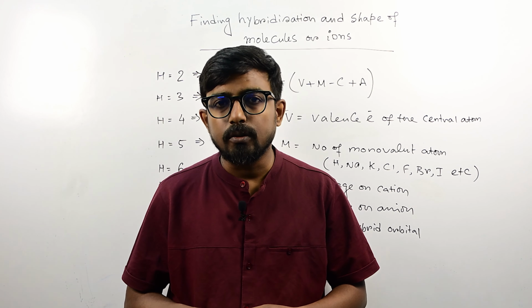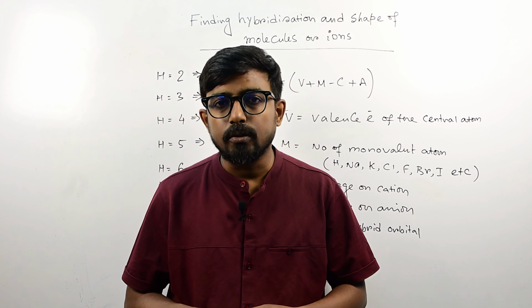We will continue with the second one, that is ammonia. For ammonia, what is the value of H? H will be half. The electronic configuration of nitrogen is 2, 5, so the valence electron count is 5. The number of monovalent atoms is 3, so the value of H will be 4.